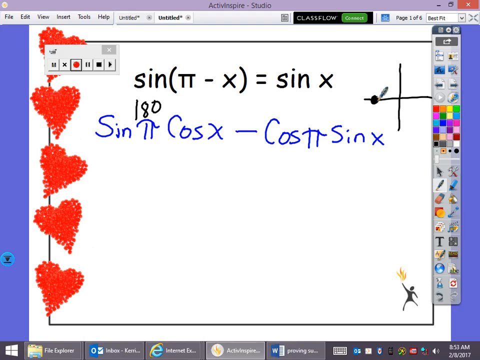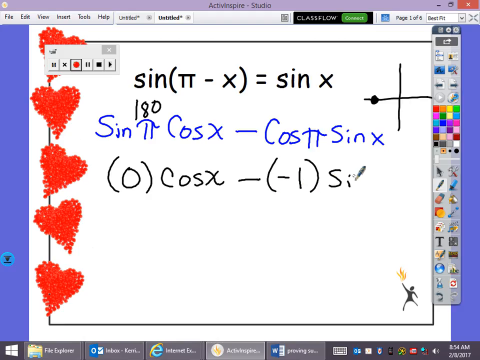Remember that sine is y, cosine is x. What is the y value at 180? It is 0. Excellent. So 0 times the cosine of x minus, what is the x value? It is negative 1 sine x.